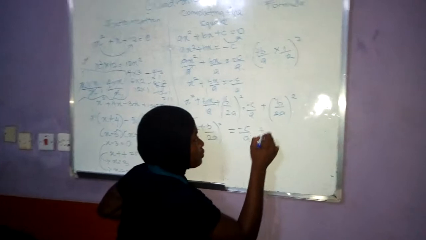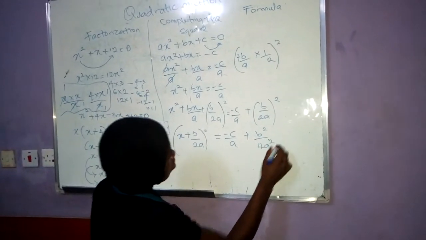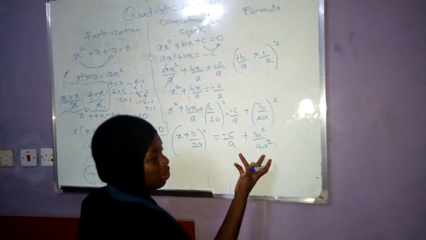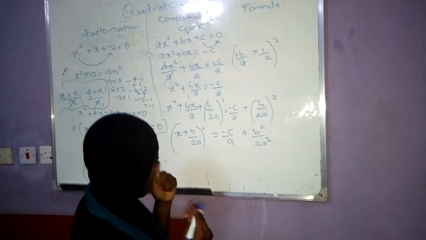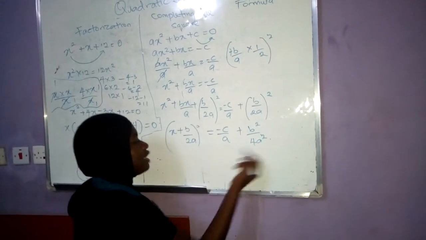Then we open this one. This is b squared over 4a squared. Now we can find the LCM of this.